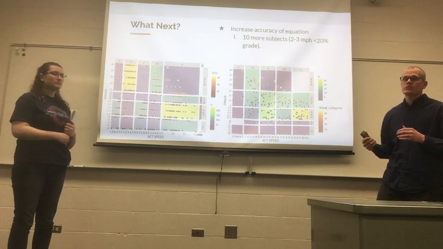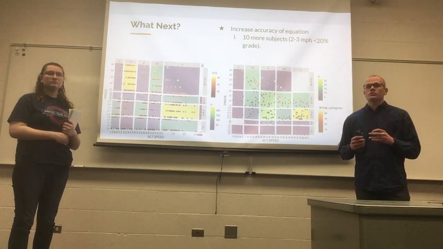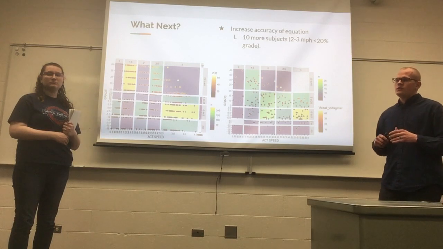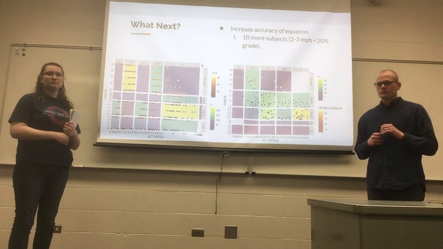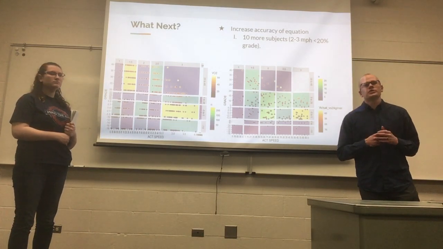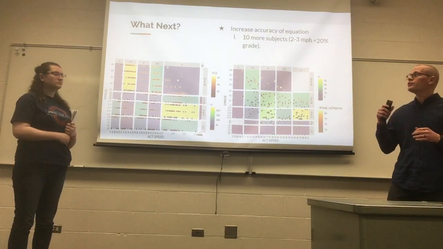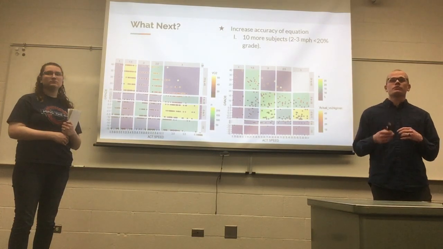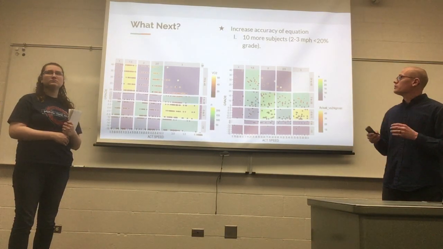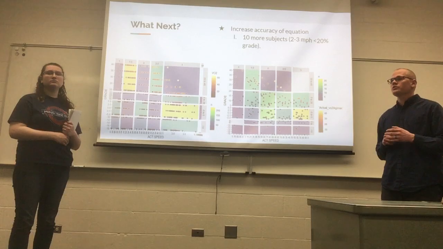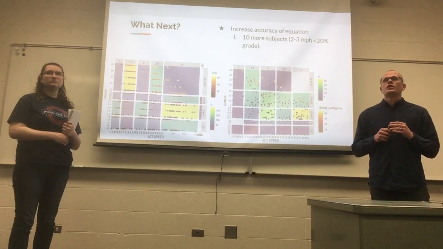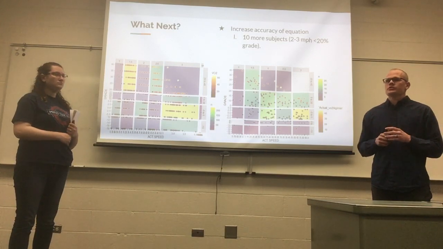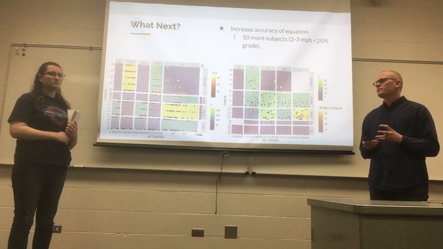We believe that we can make the equation even more accurate through further testing. We have planned to recruit 10 more subjects to walk at higher speeds and higher gradients, speeds ranging from 2 to 3 miles per hour and gradients exceeding 20% grade, to make our equation even more accurate.